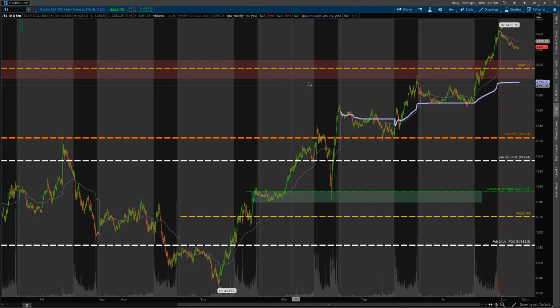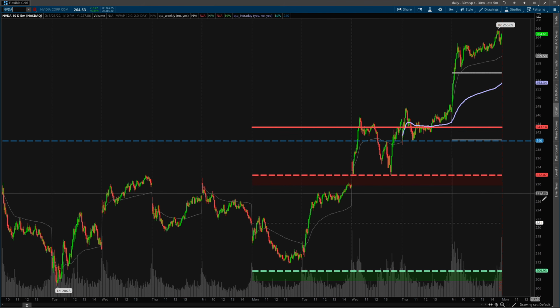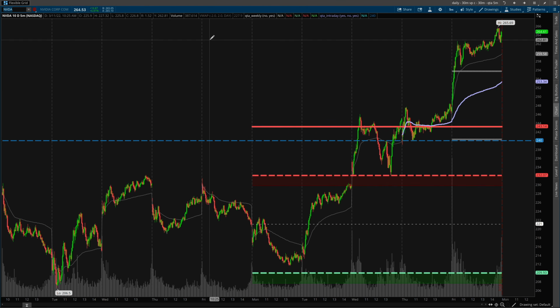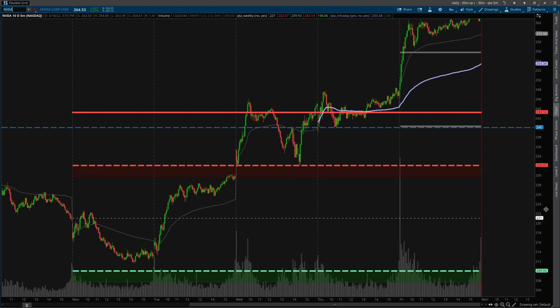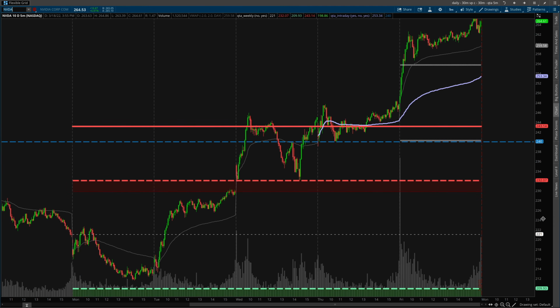Now, moving right along to conclude, I'm going to point out something on NVIDIA here. And another thing you guys will hear me repeating a lot more in the YouTube videos is that if you're new to trading, please stop picking and guessing direction, saying, I think it's going to go up, I think it's going to go down. Don't think about calls and puts.